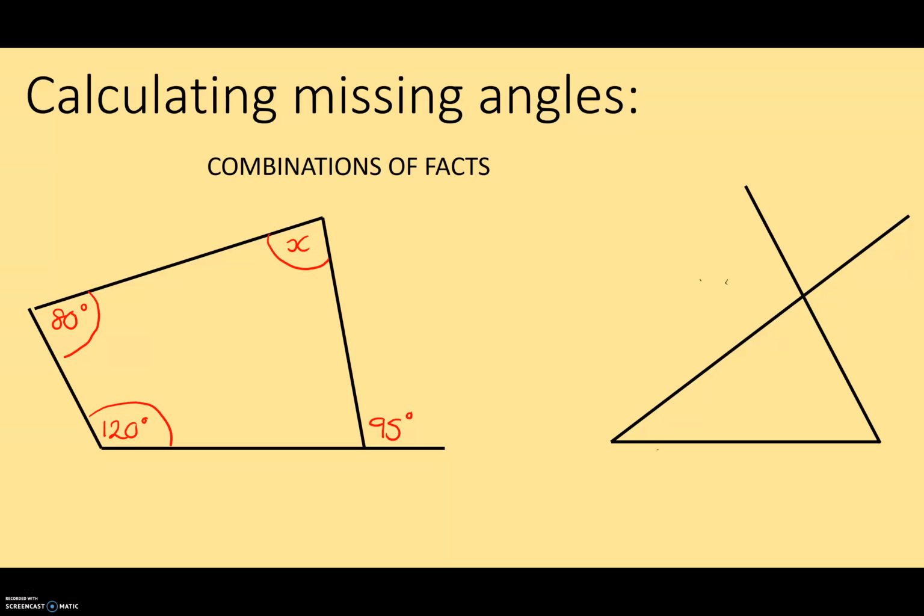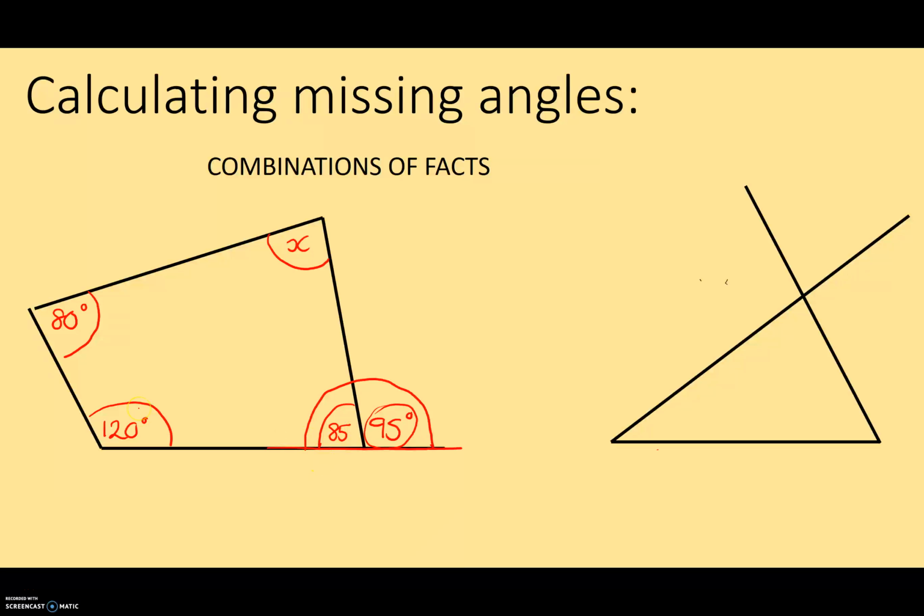Right, here's the answer. Okay, you don't have all 4 angles inside the quadrilateral which have to add up to 360. You would need this one. But you can work it out because you've got this angle on a straight line here, and you know that that is 95. So angles on a straight line add up to 180. If you subtract that 95, then you can work out that that missing angle is 85 degrees.